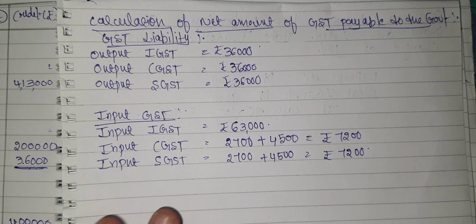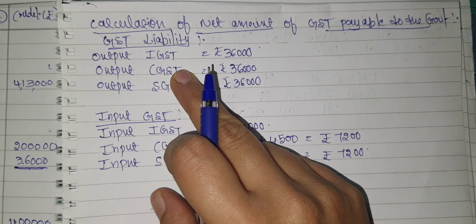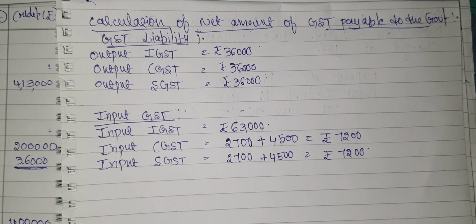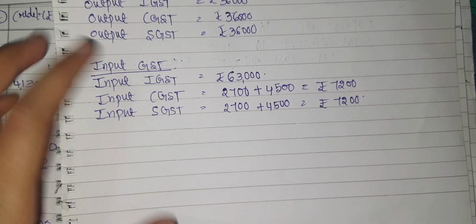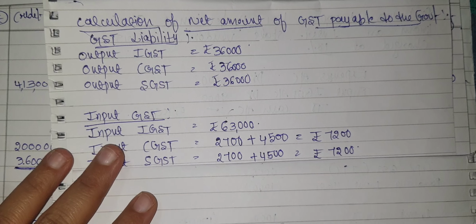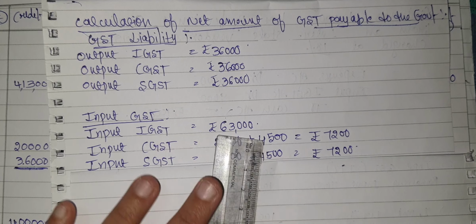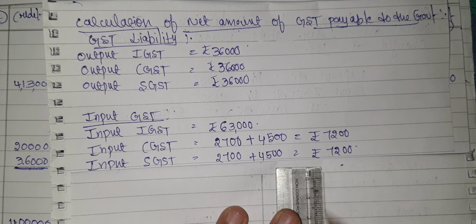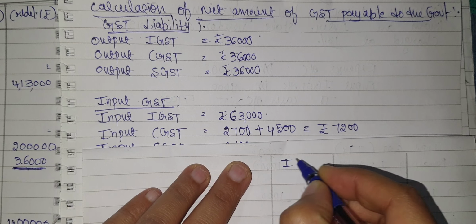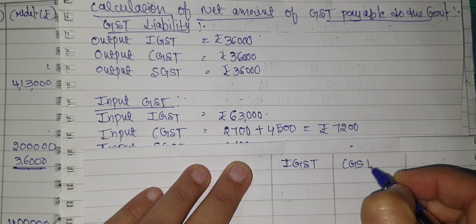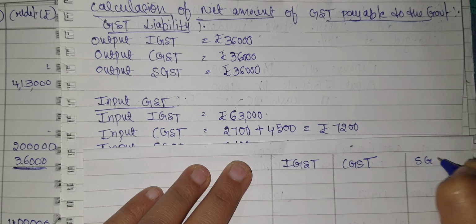Okay, this is the information related to output GST and input GST. Now we have to apply the set-off rules for IGST, CGST and SGST.